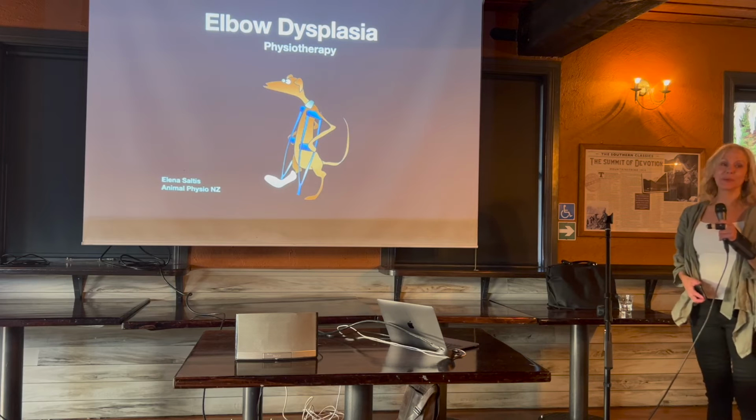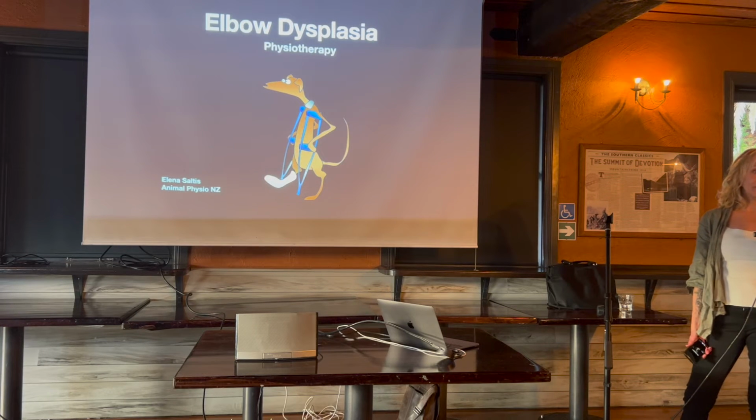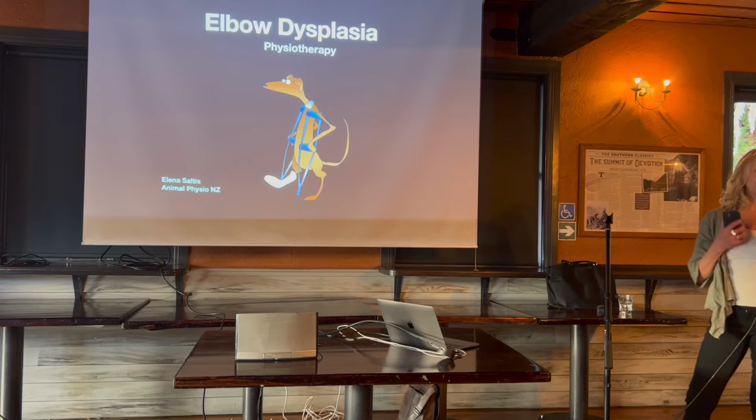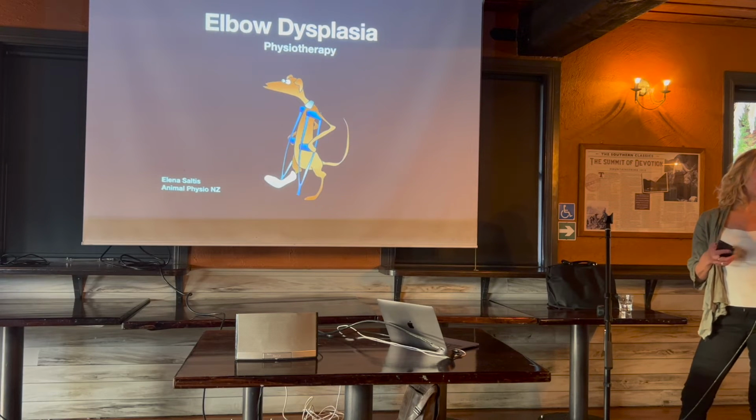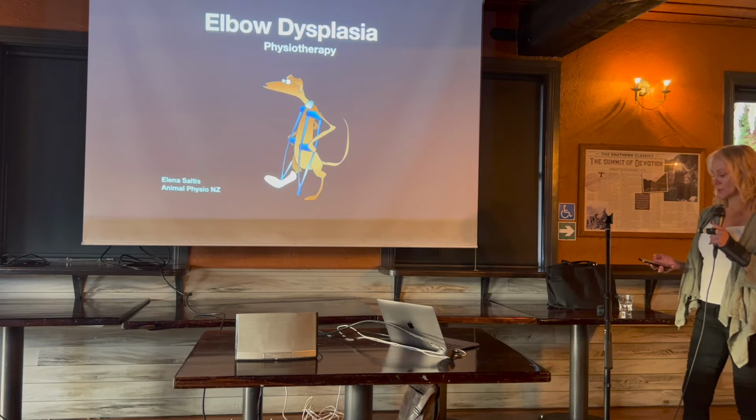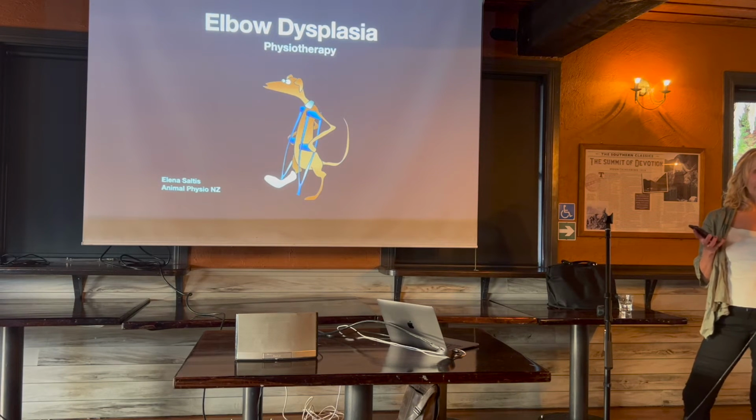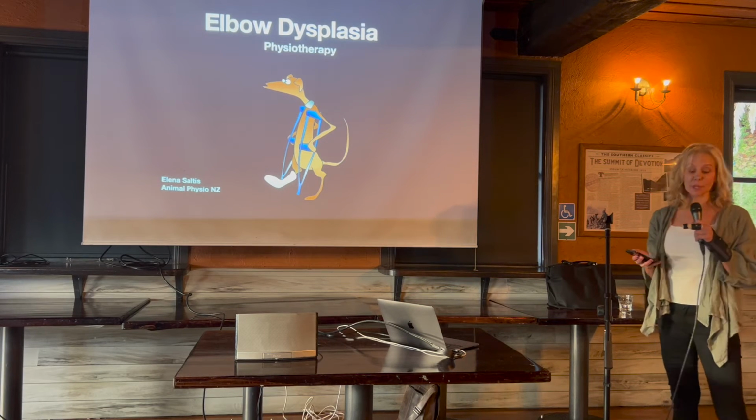So I am here to talk to you a bit about conservative management. However, a lot of what we do for conservative management, we also do with our post-op elbow dysplasia dogs as well. So a lot of the treatment is similar but individualized for each patient, depending on what their specific problems are.